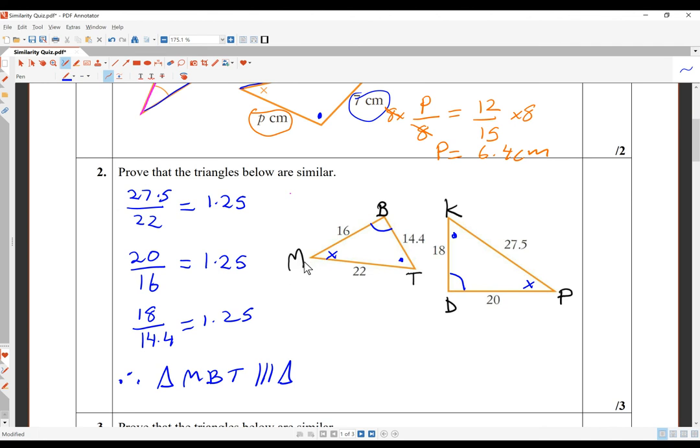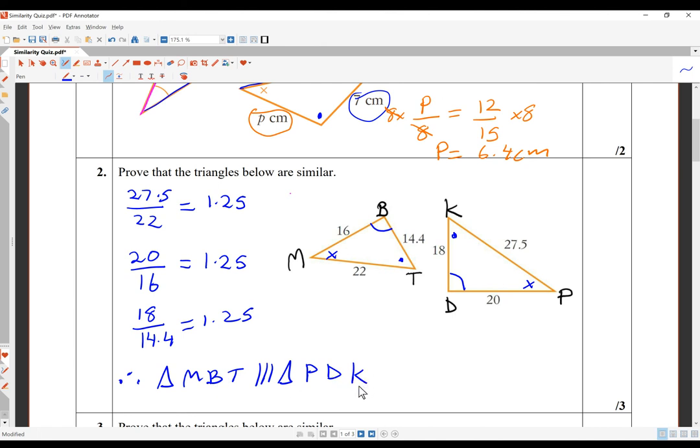Angle M matches with angle P. Angle B matches with angle D. And then obviously angle T matches with angle K. So that's the correct order. M goes with P, B goes with D, and T goes with K.